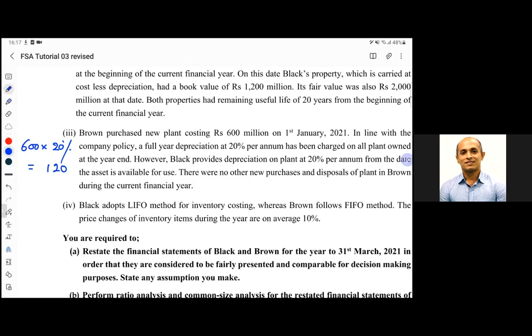But out of this, only 3 months is relevant for this year, because the company has used the new asset only for 3 months. Therefore, 9 months depreciation is over provision.